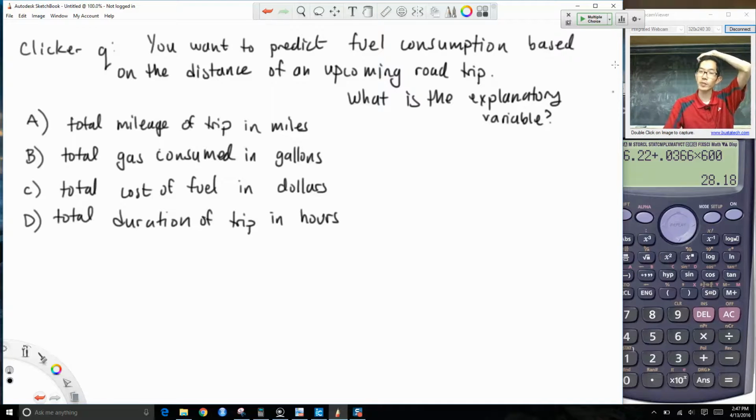Okay, all right, so I'll start the thing, so you can click your responses, and they are registering. You want to predict fuel consumption based on the distance of an upcoming road trip. What is the explanatory variable?